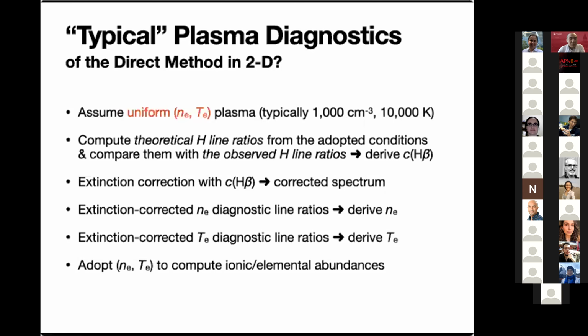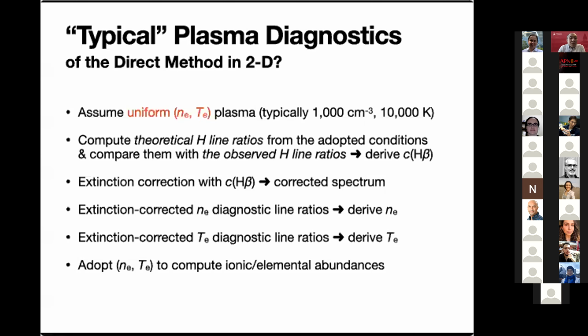This was something that struck me the most, because I'm interested in anything that is extended, so I would not expect anything uniform. I want to study something that spatially varies. Why do we want to use IFU? Because we want to study the spatial variation of the target that we study. So why do we have to start by assuming this uniform distribution? That was something that struck me the most.